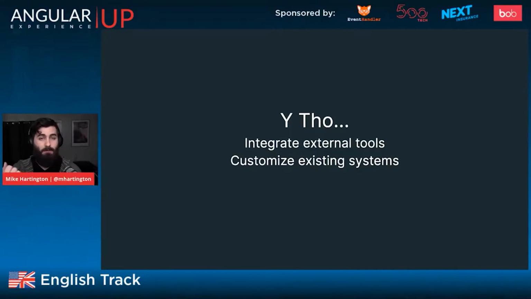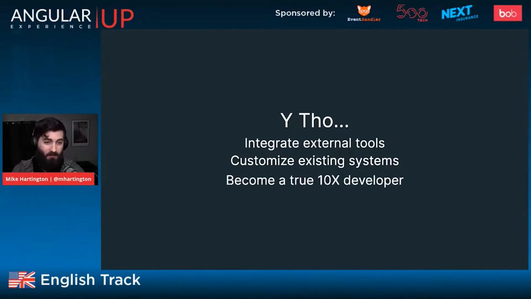What if we want to deploy to Firebase or to some other hosting provider? What if we actually just want to customize the default Angular builder? Knowing how to do some of this stuff can let us achieve these goals. And really, it's kind of a humble brag. If we can go to our coworkers and say, hey, I know how to customize the builder, do you? That's a nice little pat on your back.